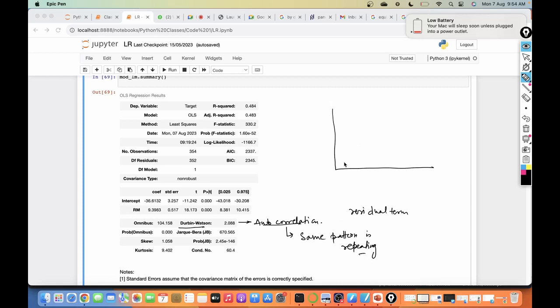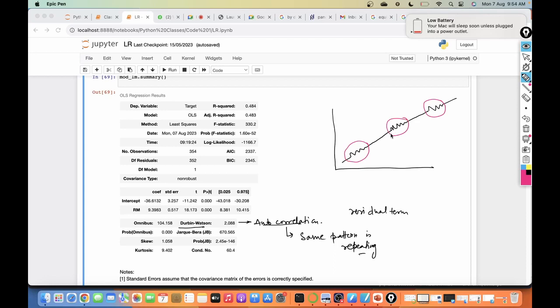For example, now you can see after an interval you are basically having the same patterns repeating every time, right? Getting my point? So this type of evidence tells us about the autocorrelation.